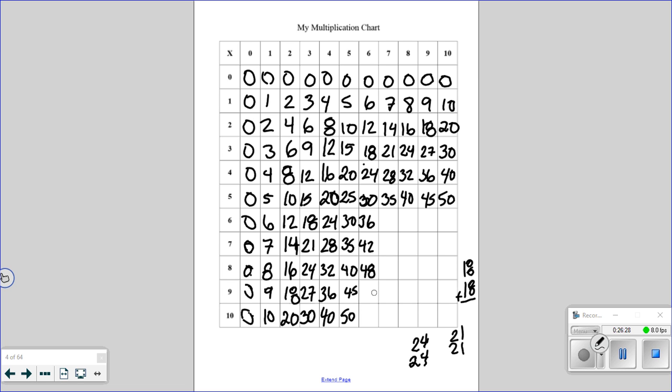My next one, 9 times 6. Paxton, you think you can do it? Let's go, 3 times 9 is 27. I'm going to double it. 27 plus 27.